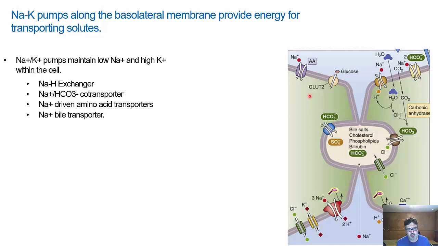And then we also have our sodium bile transporter. All of these things are driven, of course, by that sodium concentration gradient, which is maintained by the sodium-potassium pump. In addition, there are also basolateral calcium pumps that help to maintain a low calcium concentration inside the cell. Calcium salts are one of those other things that can precipitate out to form pigment salts, which we'll get to later on. And so these calcium pumps help to prevent the formation of those little guys.